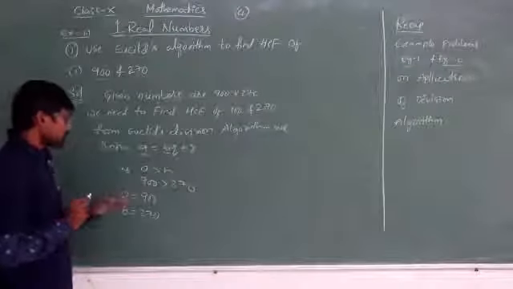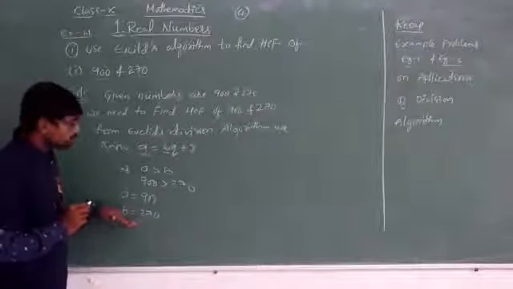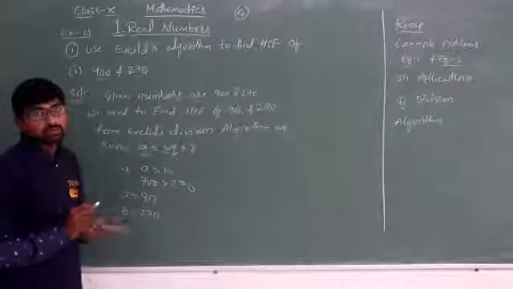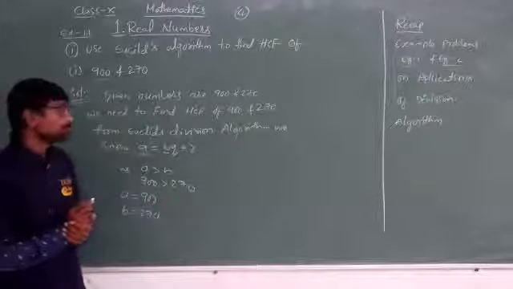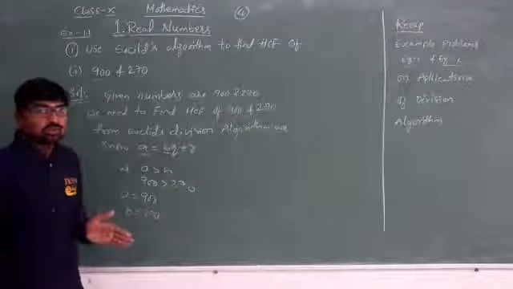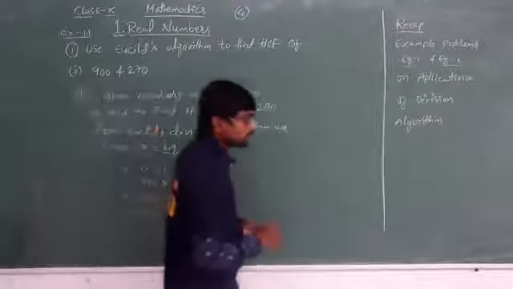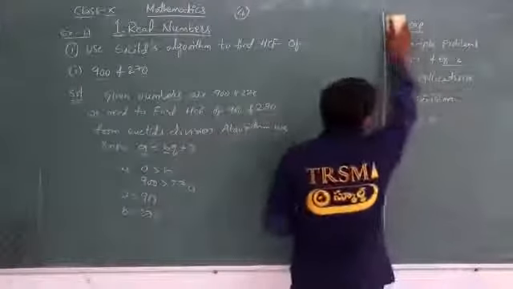Up to here we did, and after this we have to divide 900 by 270 and do the steps. Here I'm erasing this recap.